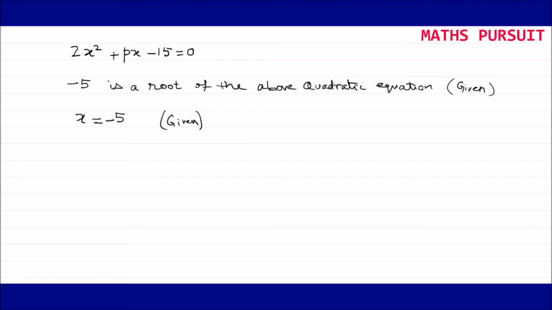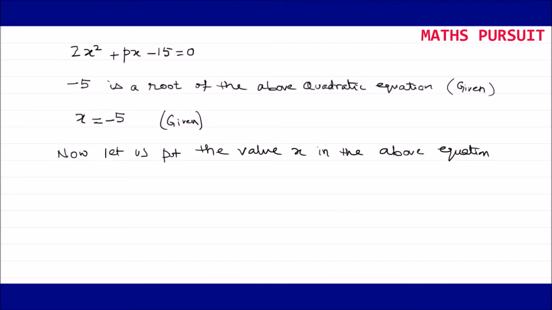Now let us put the value of x in the above equation. If we replace the value of x in the above equation, what are we going to get? We are going to solve this equation taking x = -5.